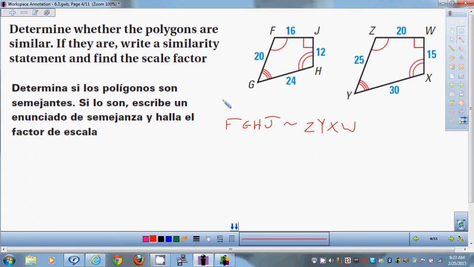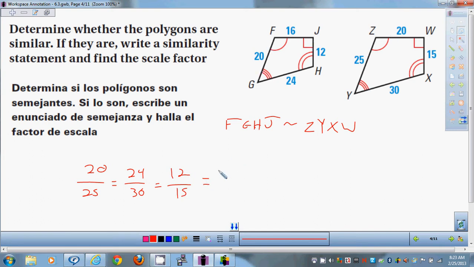So FG goes along with which side? All right, so I'm going to put FG over ZY. GH goes with which side? YX. So it's 24 over 30. Let's see. JH goes with which side? WX, 12 over 15. And FJ goes with ZW.